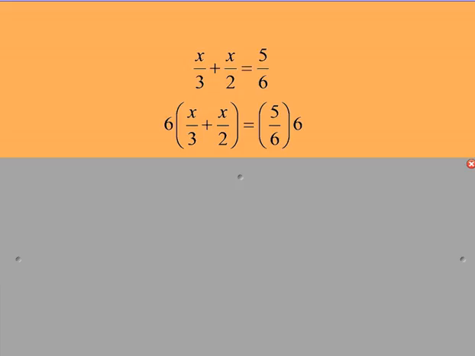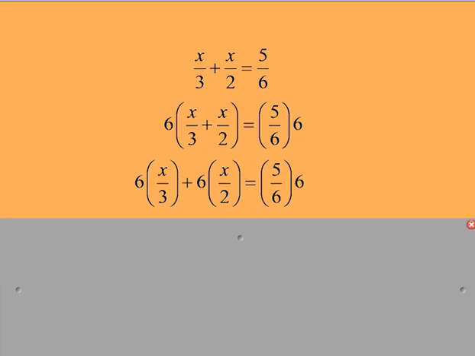Now, on the left side, we have to distribute the 6 to both terms in the parentheses. So let's do that. Notice I have 6 times the first term, 6 times the second term, right? So let's actually do the multiplication here.